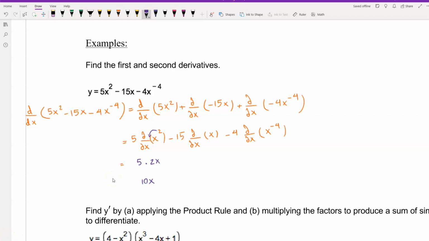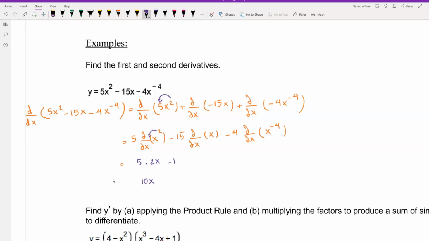Without writing the second row, starting from this point, we can use that power, multiply here. So 2 times 5, 10, and then multiply by x, power will be 2 minus 1. So 2 times 5, 10, x, power 1. So it will be same answer.